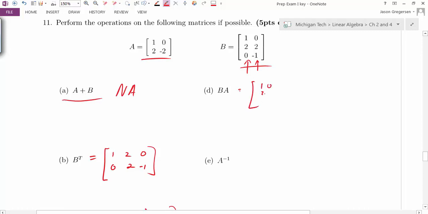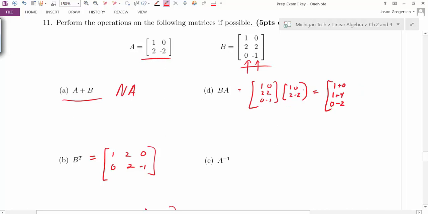So I have 1, 0, 2, 2, 0, negative 1 times 1, 0, 2, negative 2. And so if I take this row times that column for my first component here, I have 1 plus 0. I'm going to keep going down to the next row. Here I'll have 1 plus 4. And then the last one should be 0 minus 2.